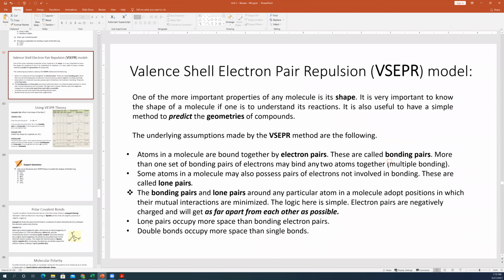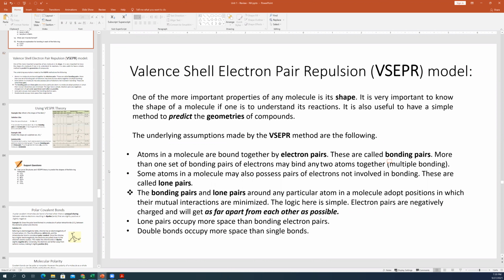Lone pairs, though, occupy more space than bonding pairs. I think the logic there is very reasonable because they're not involved in a share. They're lone pairs, so they're taking up more space. They're not being shared. And double bonds occupy more space than a single bond.